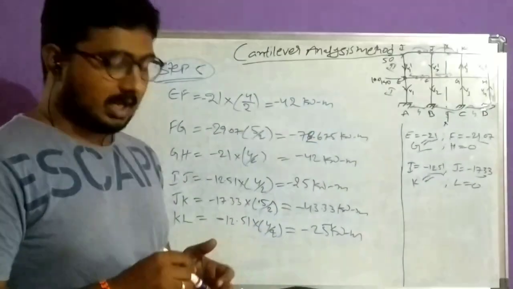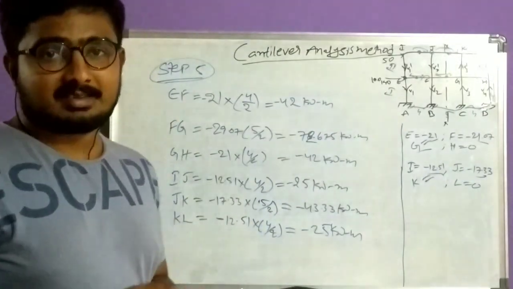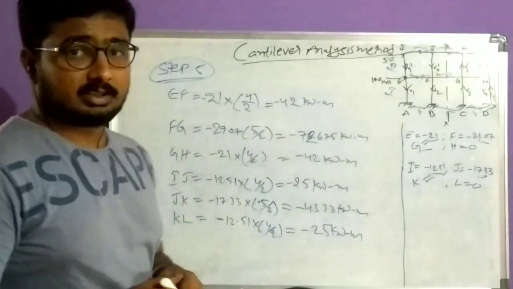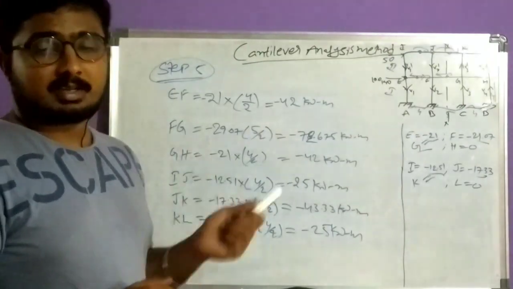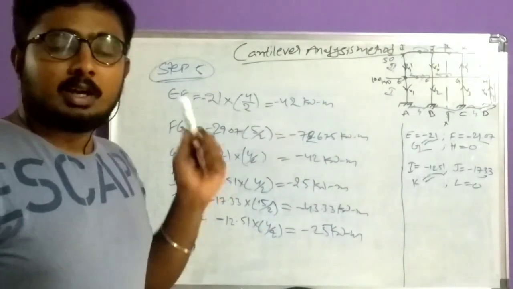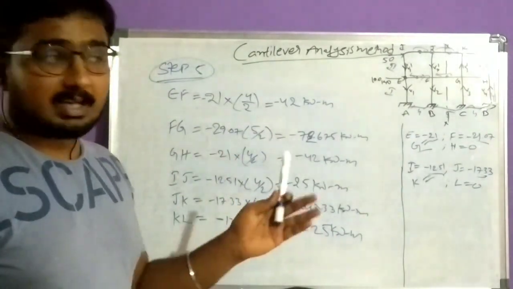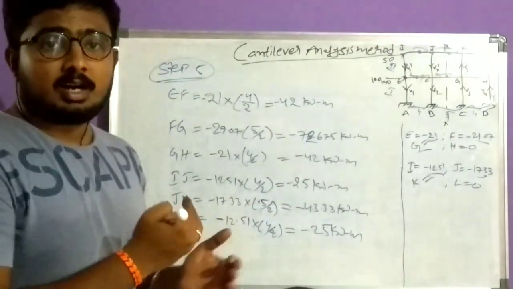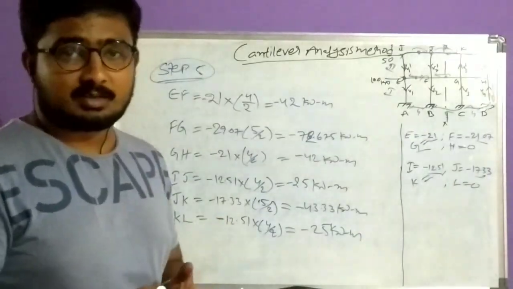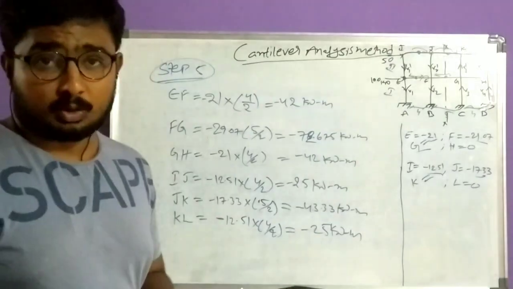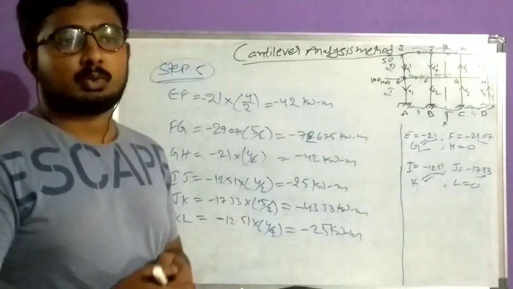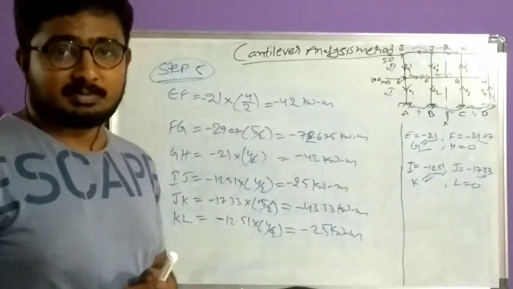So now we got all the analysis results from the cantilever analysis method, and then we will compare this cantilever analysis method with the portal frame method, and we will see the comparison results: which one is giving higher values and which one is giving lesser values, or whether both are giving equal values. So we will compare the two approximate analysis methods.